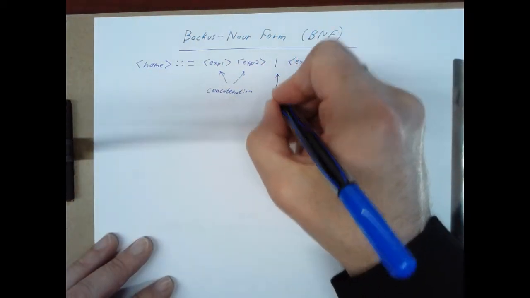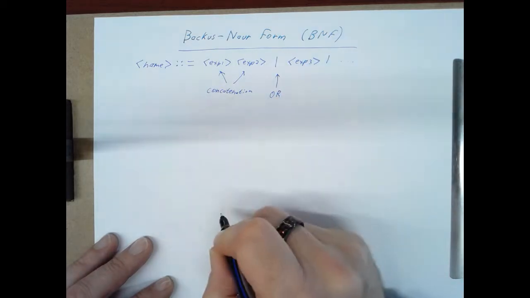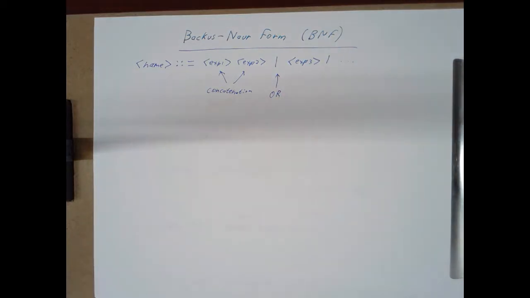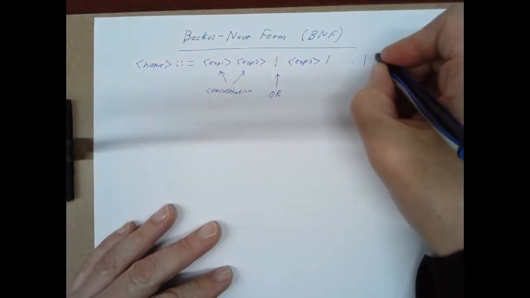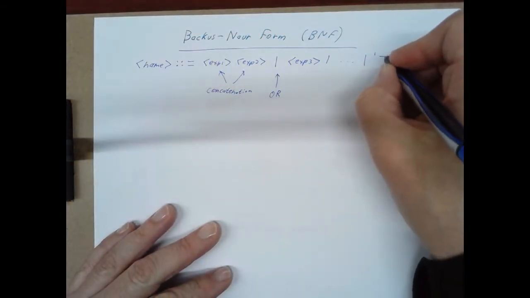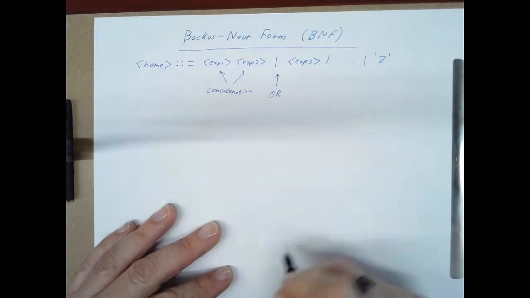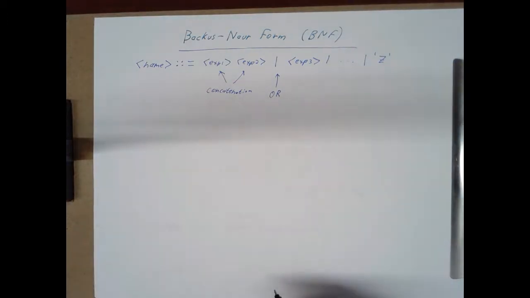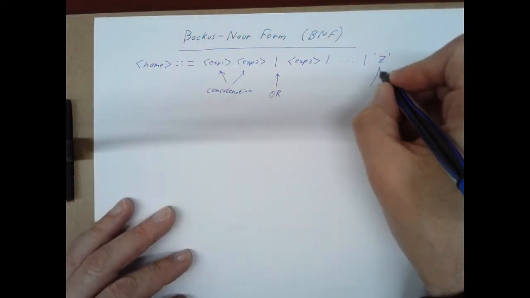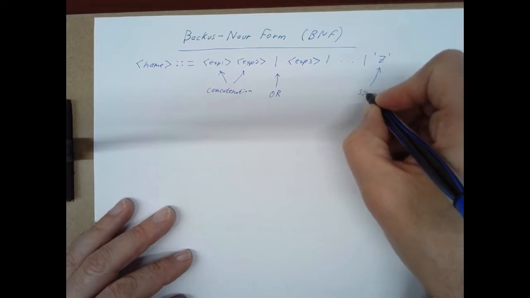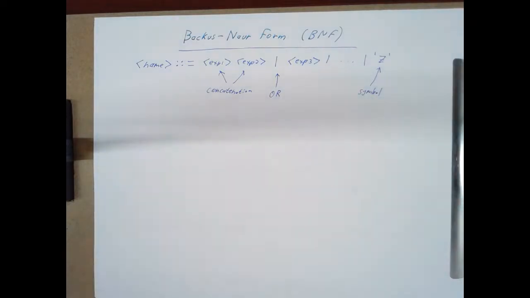This is an or, just like in C. And we can also have things inside quotation marks to represent an actual symbol. So this is a symbol. And it's mostly self-explanatory, and we're not going to be super rigid about this, but this is the general form of the statements we'll be dealing with.